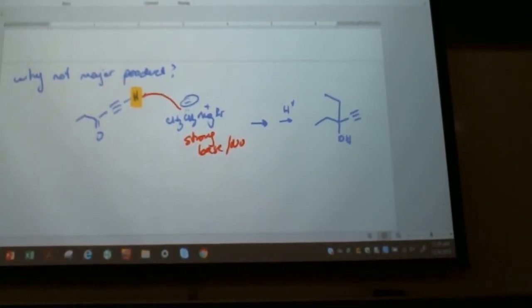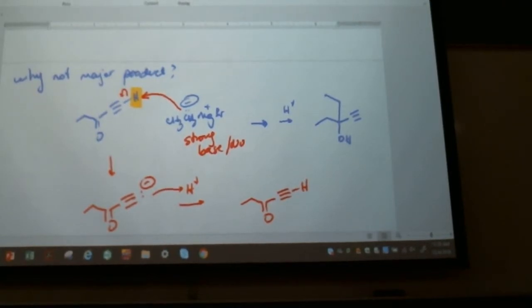This is going to attack this, form this alkynyl anion, and when I toss this in acid, we're going to pick this up again and give me back my starting material. So we're never going to get to form this.